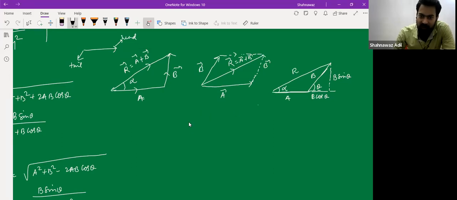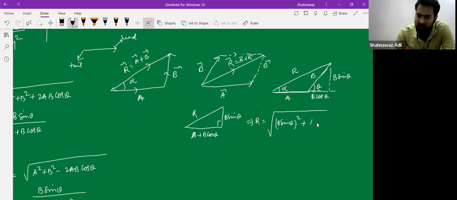So Pythagoras theorem. This is the effective triangle, right? So this is A plus B cos theta, and this is B sine theta. So we can calculate the magnitude. So this would be root of B sine theta square and A plus B cos theta square.